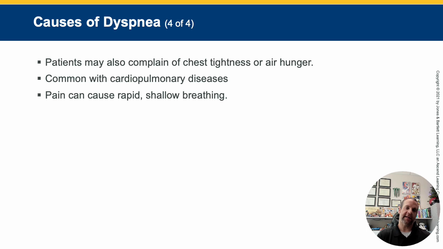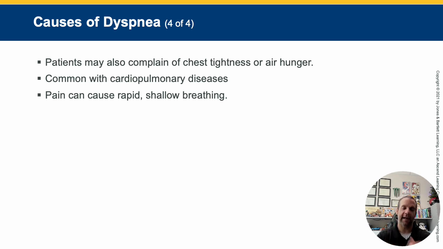But it does lead to reduced ventilation and reduced gas exchange. So the key point here is that not all causes of dyspnea originate in the respiratory system. Sometimes the root problem is the heart, the nervous system, the musculoskeletal system, or maybe even psychological, like during a panic attack. So as you assess your patient, you need to keep a wide lens and consider whether they're experiencing mechanical issues with their lungs, circulatory issues with their heart, or a nervous system issue that's in fact impacting the respiratory drive.